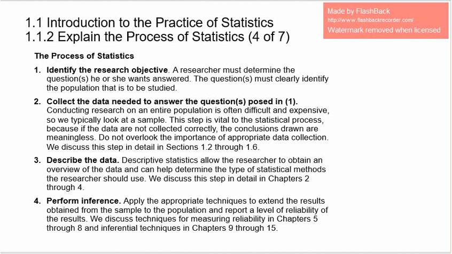This data will be used to answer the questions that we have. Third, we have to describe the data using descriptive statistics, which will give us an idea about our data, just an overview. Fourth, we perform inferences.